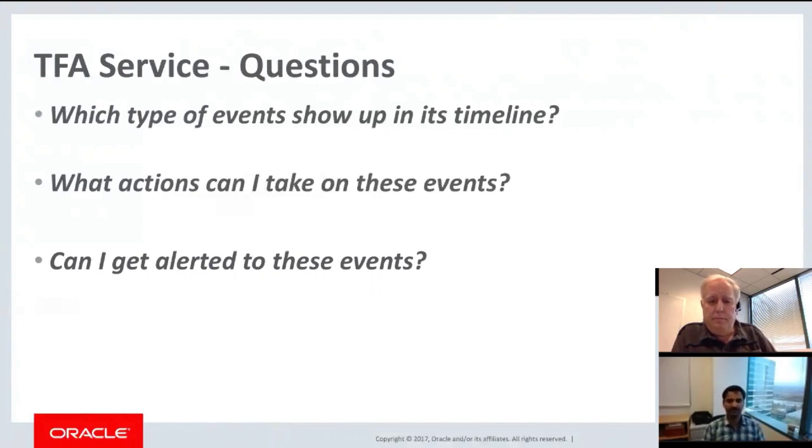We already have the notification framework in TFA where you can set your email address, and then you get notified on these critical events. You don't have to stare at the screen. Instead, you can get alerted and then come to this page and click and go to the exact event in the log. I see.